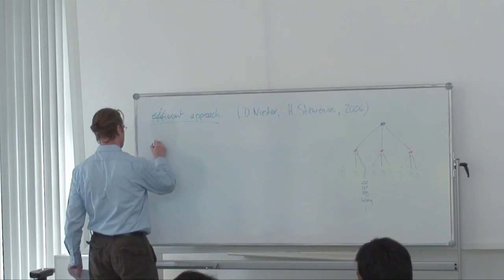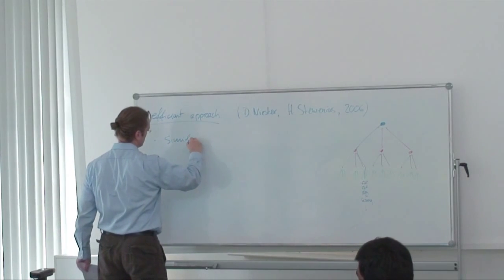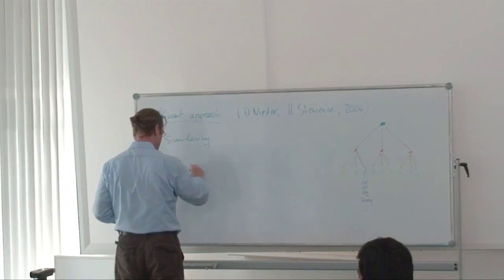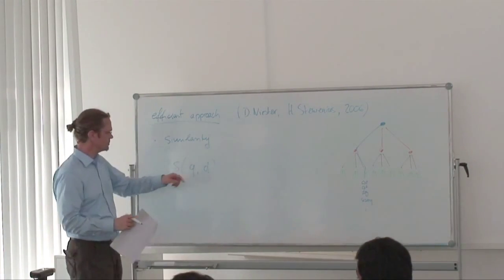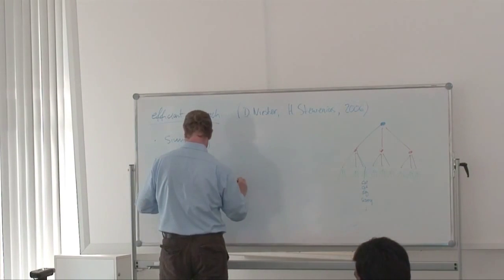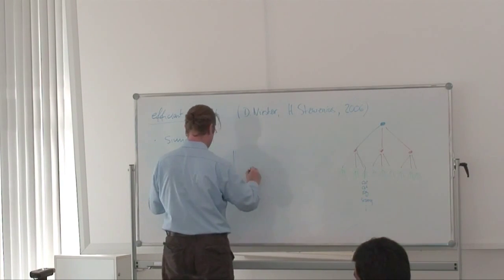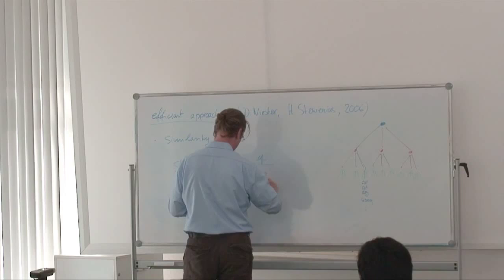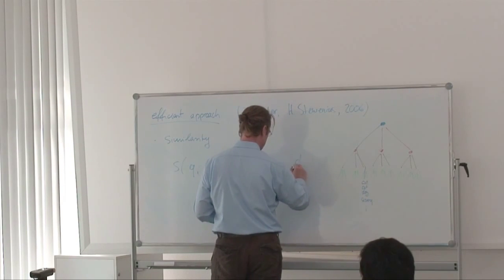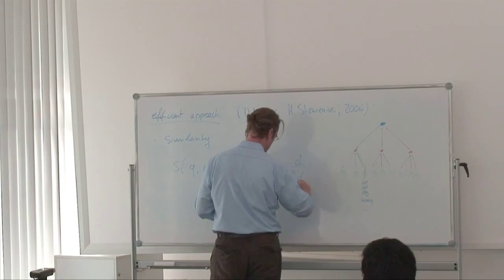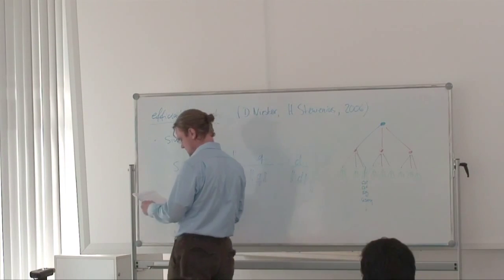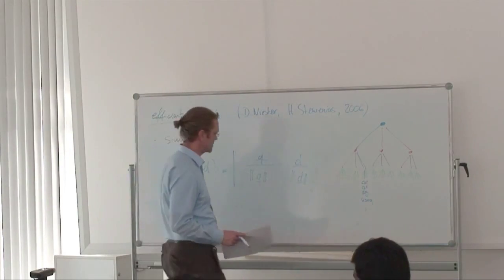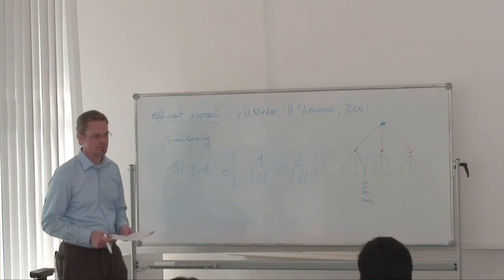One way of doing it is looking at the similarity between image Q and image D, and we could define it as this vector Q over its norm minus the vector D over its norm, and we take the absolute value of that. This is not exactly the cosine similarity, but it is a sort of similarity. You could, of course, also use cosine similarity here.